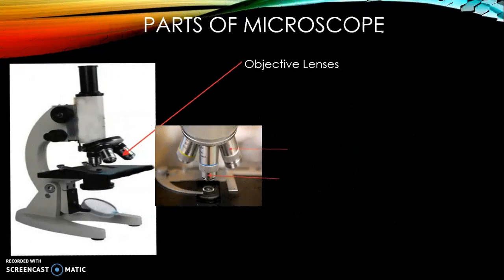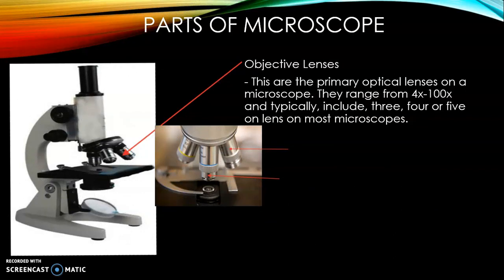Another part is the objective lenses. These are the primary optical lenses on a microscope. They range from 4 times to 100 times and typically include 3, 4, or 5 lenses on most microscopes. The objective lenses have two parts, the longer one and the smaller one.